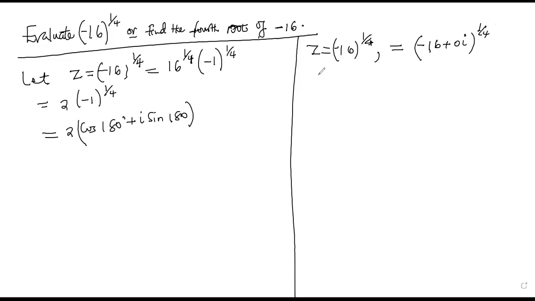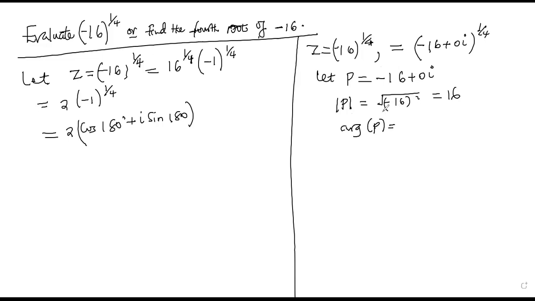If I let P be negative 16 plus 0i, I can get the magnitude of P. The magnitude of P is the square root of negative 16 squared, which is 16. Then the argument of P is tan inverse of the y component, that is 0 over negative 16, giving 180 degrees, which is pi.